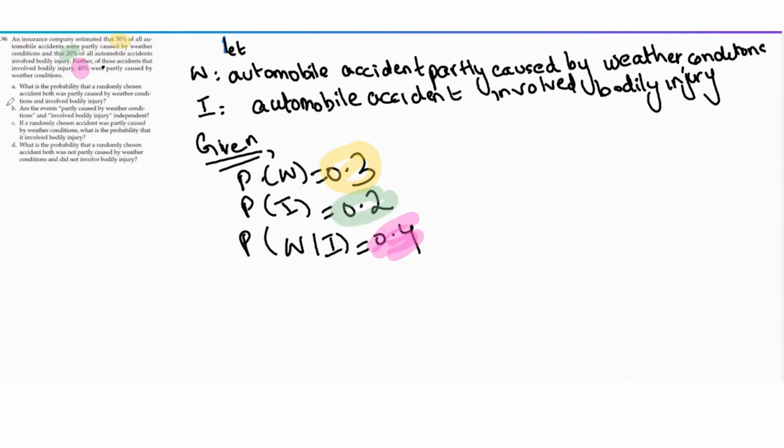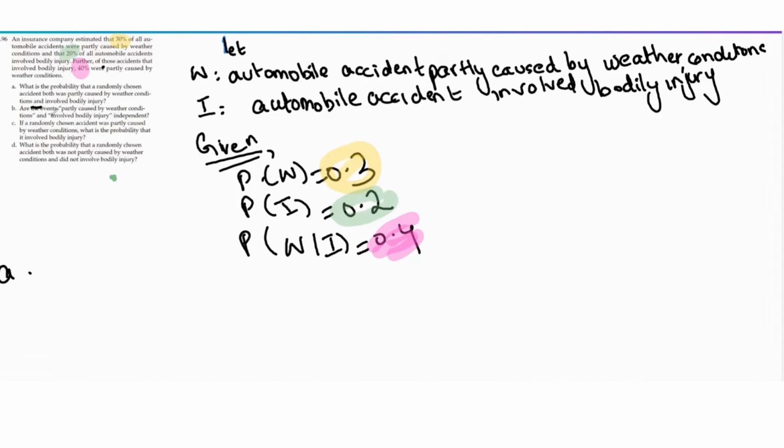Okay, so let's do part A. Part A asks us, what is the probability that we randomly choose an accident that both was partly caused by weather conditions and involved bodily injury?